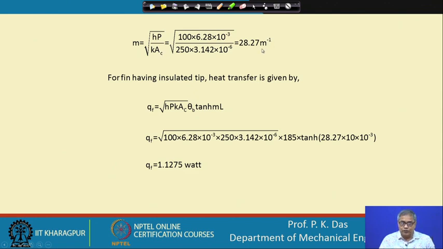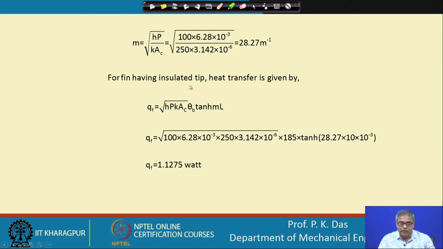Putting all these values, we will get 28.27 per meter, that means meter to the power minus 1, that is the unit of m.